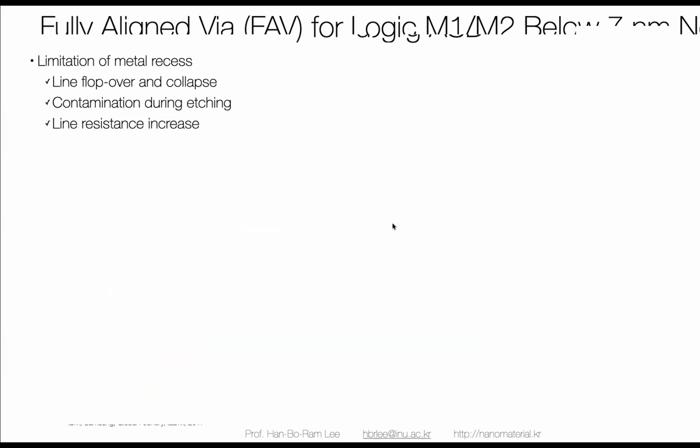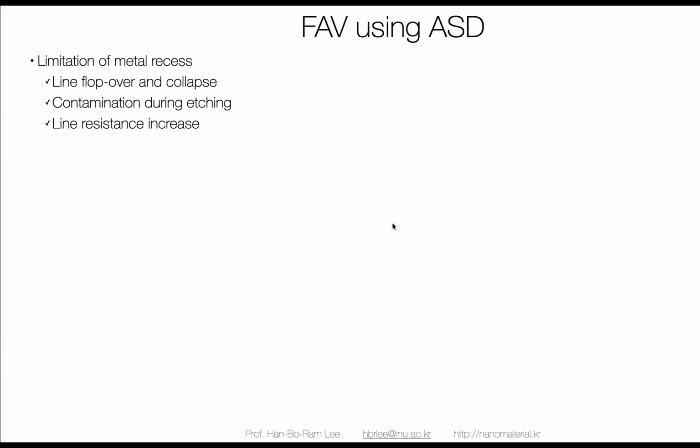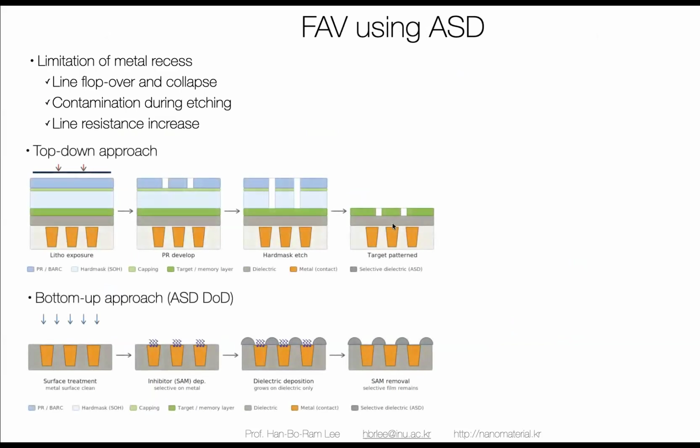But the problem is if you use the metal recess process, there are a lot of additional problems: line flopping, contamination, or line resistance increase. Because of that, around 2017 or 2016, I don't exactly remember, Intel suggested, why don't we use selective deposition? This is a conventional top-down approach.